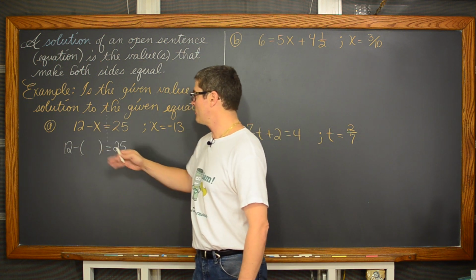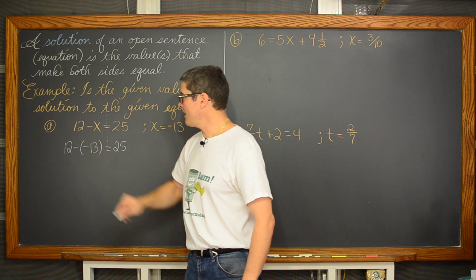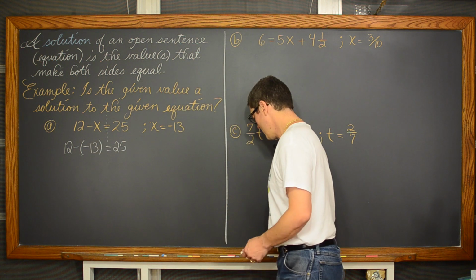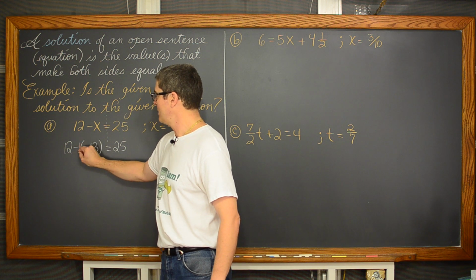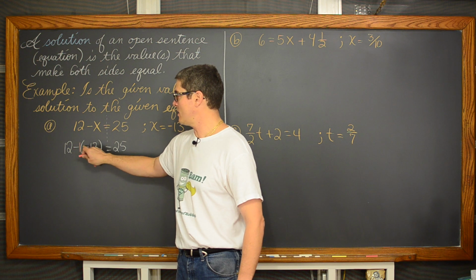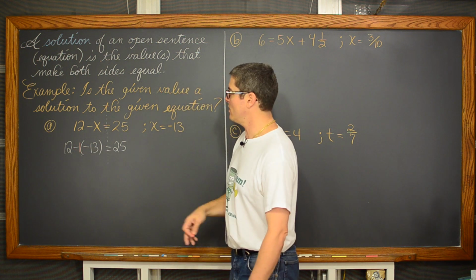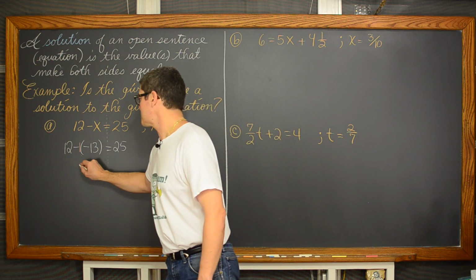Take the x out, put open parentheses in, and now we're going to plug in the negative 13. And we see that what we have here basically is 12 minus, and there's basically a 1 sitting between the negative sign and the parentheses, and we have negative 1 times negative 13. Well, a negative times a negative is positive, so now we have 12 plus 13.